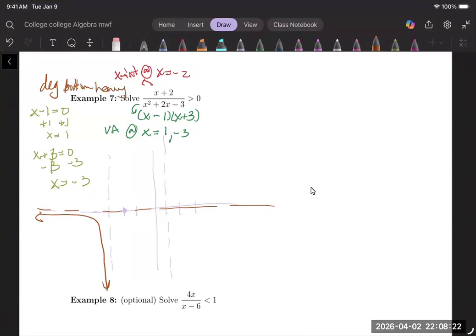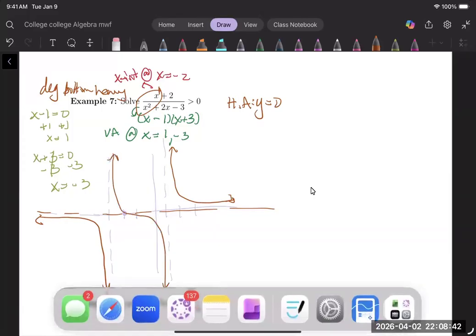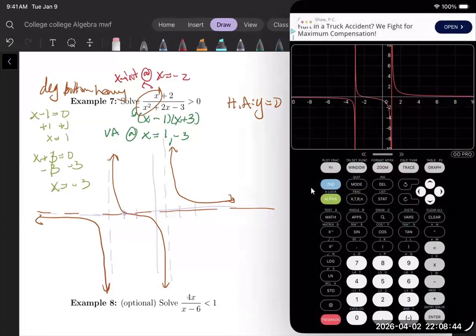Degree bottom heavy, right? That's a 1 over a 2. So if we're degree bottom heavy, recall the horizontal asymptote is y equaling 0. So there's below, then we had above, and then we have this S situation. Let's make sure. Good enough.